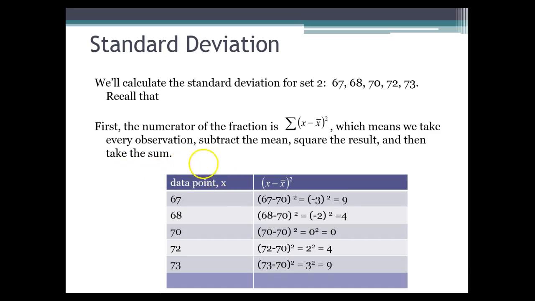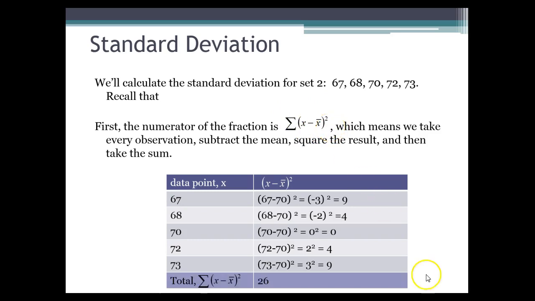So if we subtract 70, because it's the mean, from each one of these data points and square the results, we do 67 minus 70, square that result, and we get 9. 68 minus 70, square that result, and get 4, etc. So the top part is we've done this much, and now we need to take the sum.